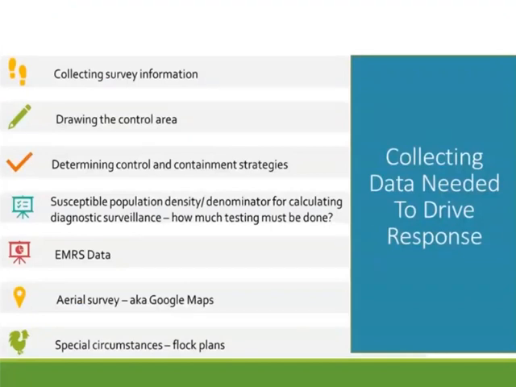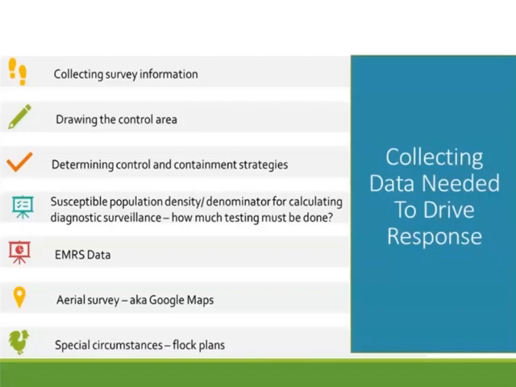We use the population density for helping to understand how much diagnostic surveillance to do in certain areas. We capture everything in EMRS. Just like Kansas, we are a very EMRS-heavy state. We run all of our emergency foreign animal disease responses using EMRS, and we used it extensively for VND.